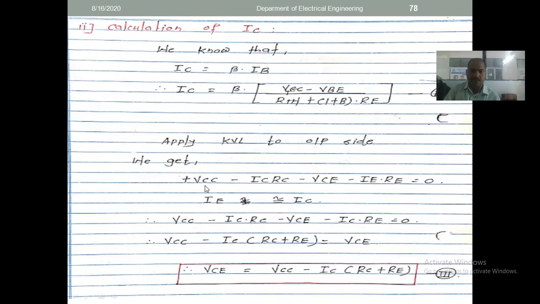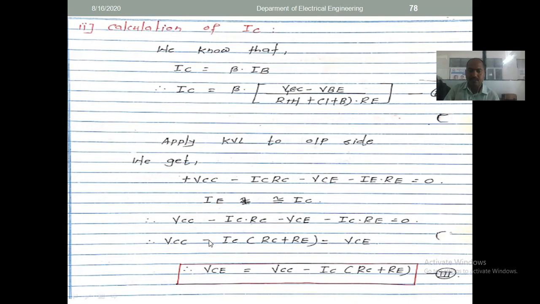We know one of the relationships is IE equal to IC, meaning wherever IE comes, we put IC. So plus VCC minus IC into RC minus VC, and IE we put as IC, so IC into RE, which is equal to 0.